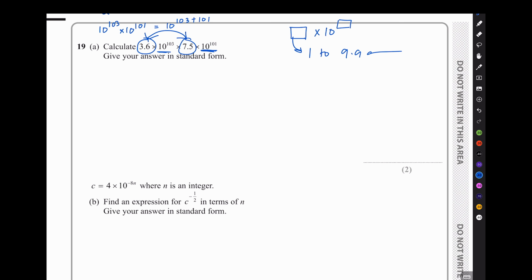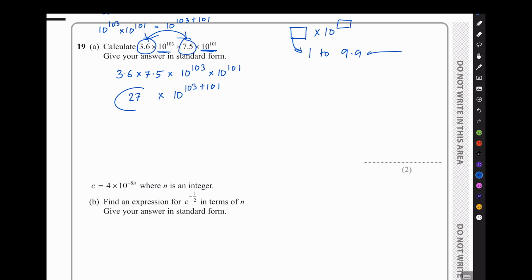Let me write the next line for your understanding. Now I'm going to multiply the first two terms. So 3.6 times 7.5 is 27, and this is 103 plus 101.